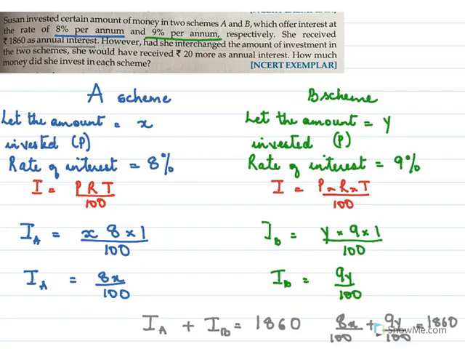In the second part of the sum, if she interchanged the amount, she would have received 20 more. Earlier she was receiving 1860. After interchanging the amount, she receives 20 more, so now she receives 1,880. So interest on A plus interest on scheme B is 8y over 100 plus 9x over 100 equals 1880.